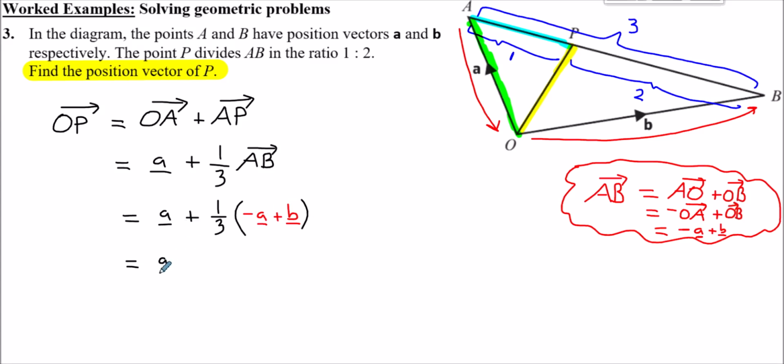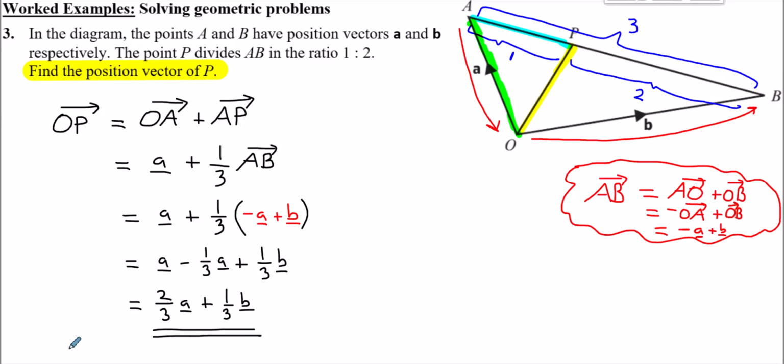We get A plus 1/3 minus A. So 1/3 multiplied by minus A would actually be minus 1/3 A. Then plus 1/3 B. And so A minus 1/3 A would give us 2/3 A. Then plus 1/3 B. So that's the final answer.